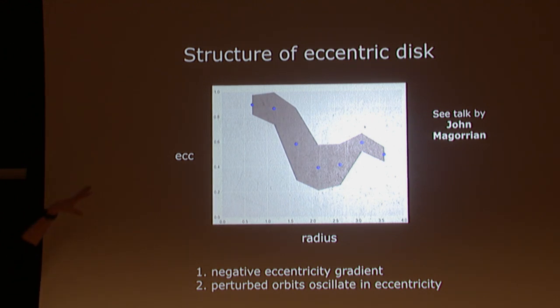So I just want to say what we get from these simulations is a decreasing eccentricity profile as a function of radius. Even if you start off with a flat eccentricity profile in your disk, you always get this decreasing profile. The innermost orbits feel a stronger stellar density because we put in a disk that drops in surface density as a function of radius.